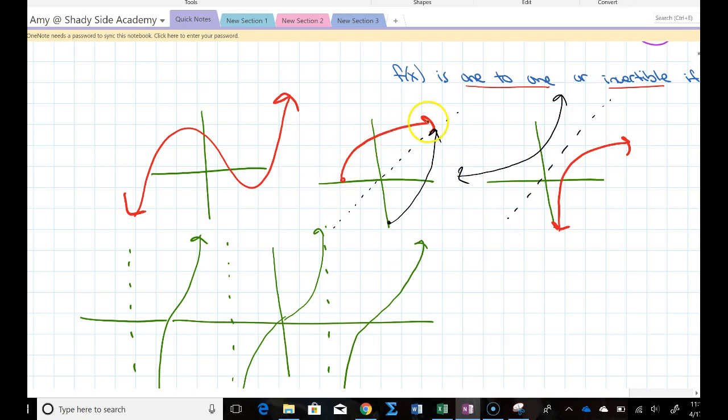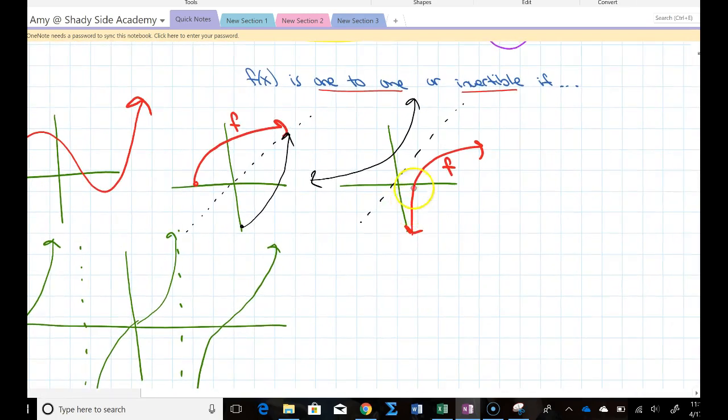Do you see how the red, which is the function f, when I reflect f over the line y equals x, the image is still a function? If f of x inverse is also a function, we call f of x invertible. If f of x inverse is also a function, f is one-to-one or invertible.